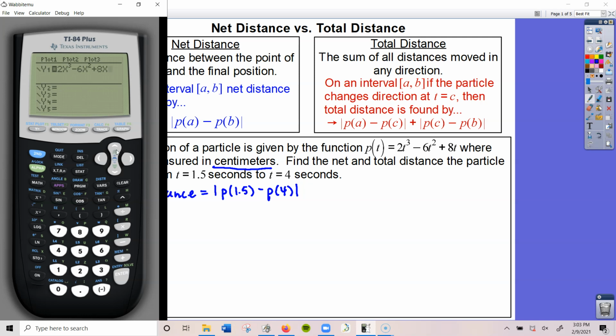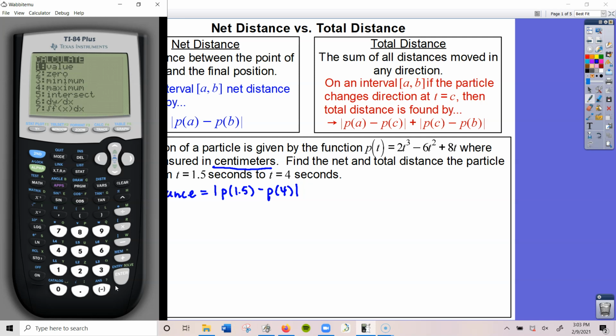Okay, let's graph. Now I have my standard viewing window from -10 to 10 for both the x's and the y's. You can adjust your window to 1.5 to 4 since that's the interval we're focused on, but the calculator is just going to get those values for me, so I'm not going to adjust anything quite yet.